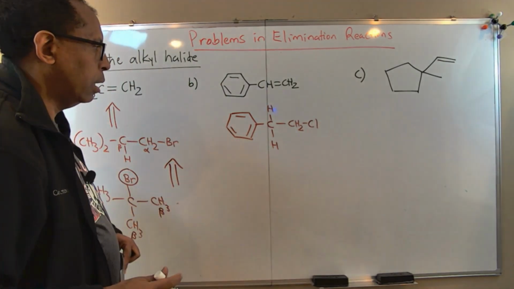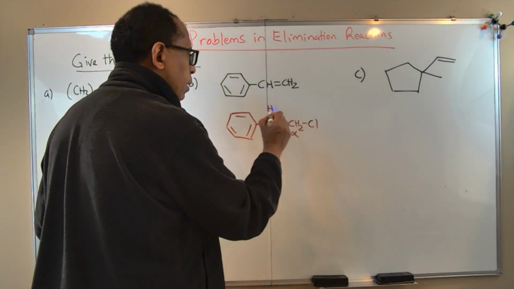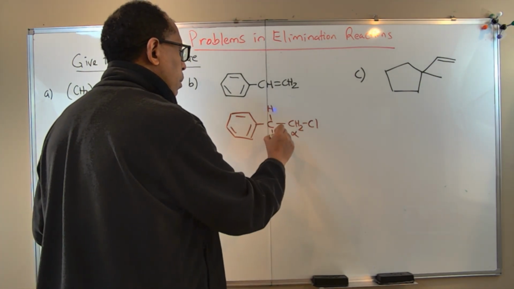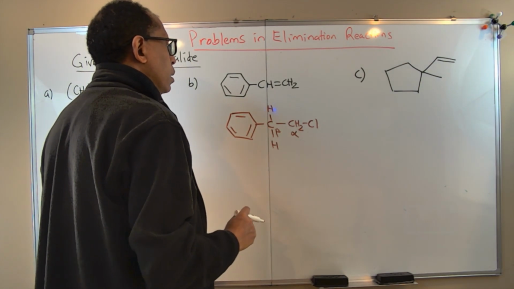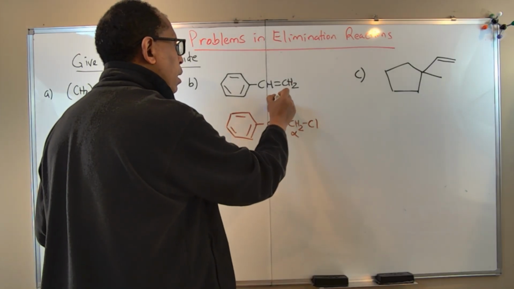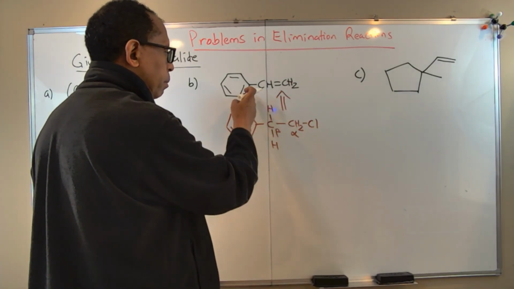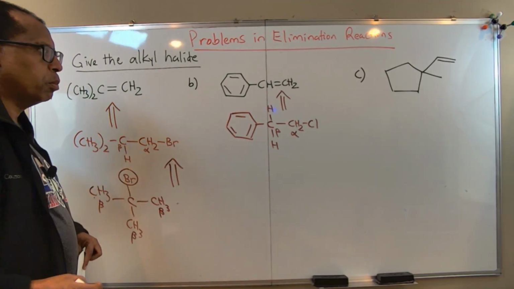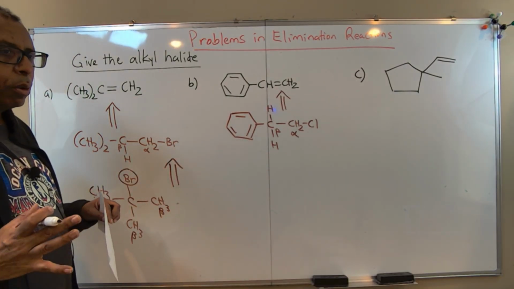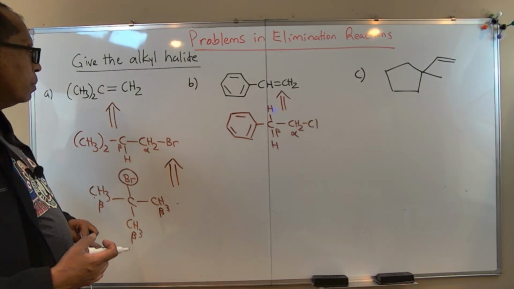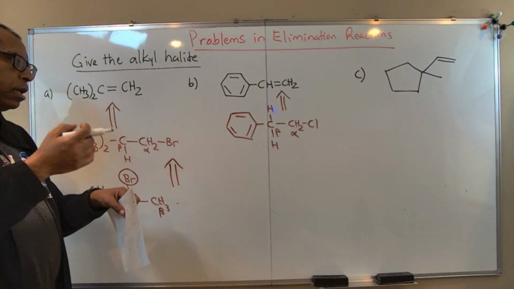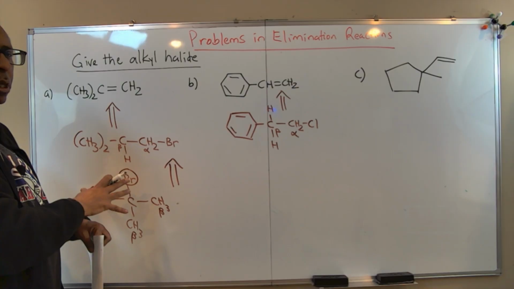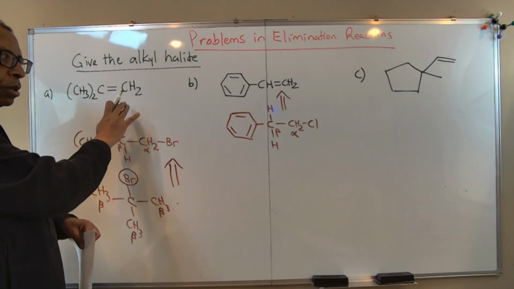This alkyl halide, this is the alpha carbon, this is a beta carbon. Therefore, that by elimination could give me this product. So I can suggest this as my starting material. This is called mostly retrosynthesis, to go back and suggest the starting material that could produce this.